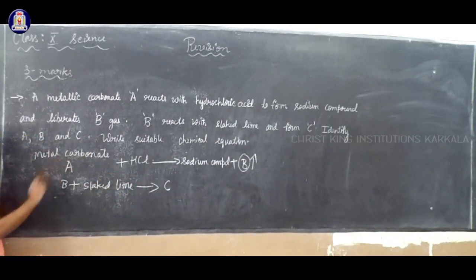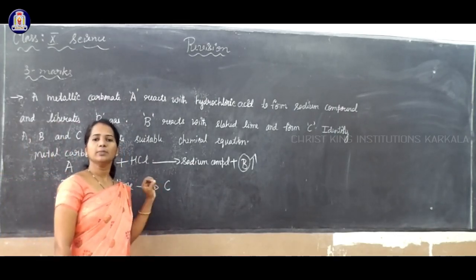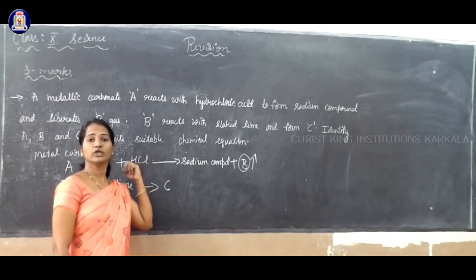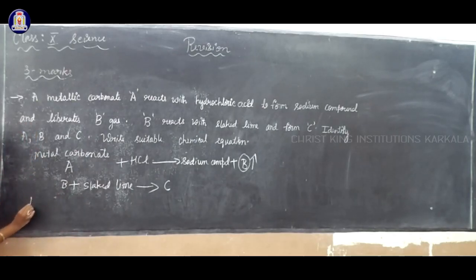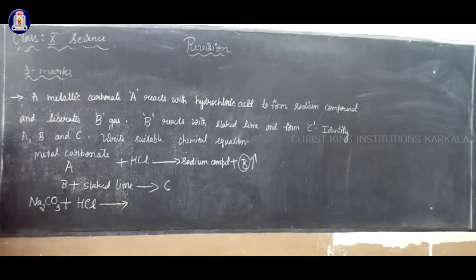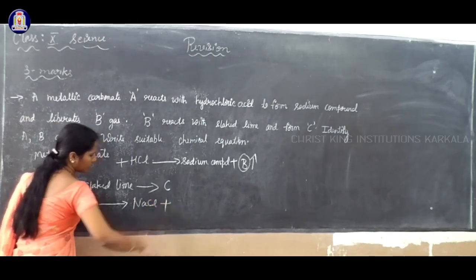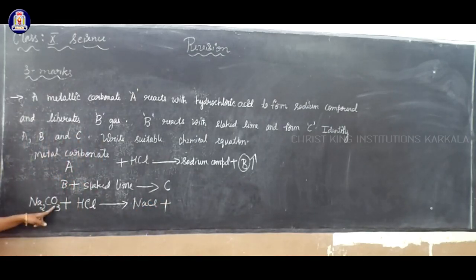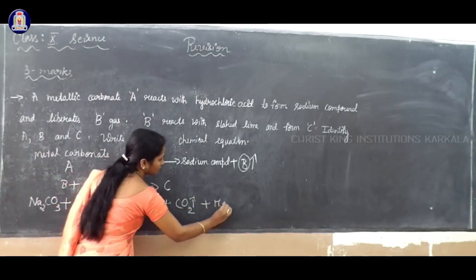HCl reacts with the metal carbonate. As the example, we have taken sodium carbonate. So sodium carbonate, Na2CO3, plus hydrochloric acid, HCl, gives sodium chloride, NaCl, plus carbon dioxide gas, CO2, plus water.